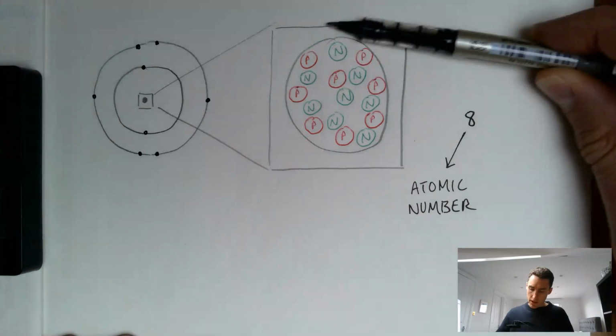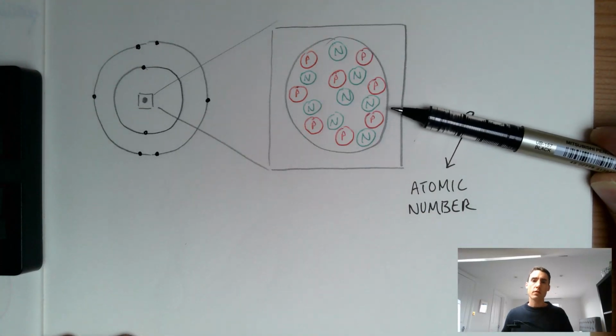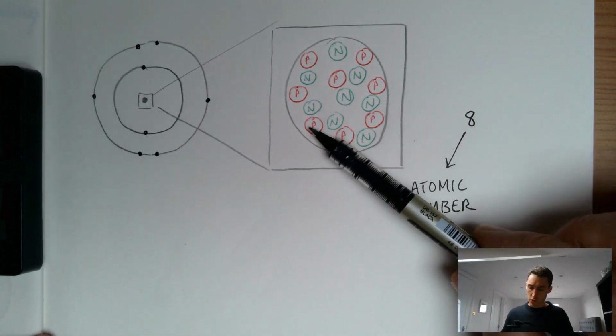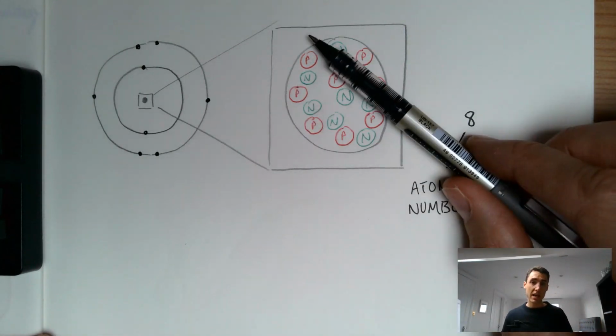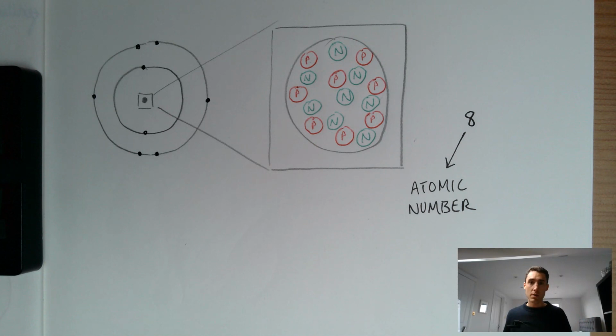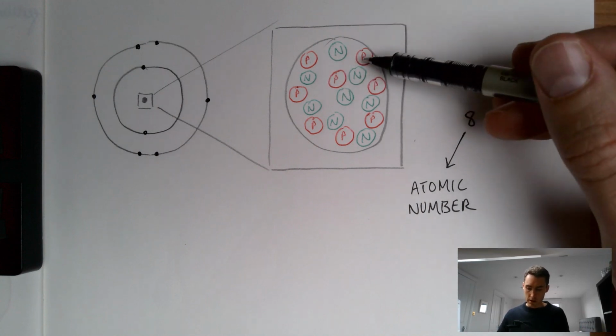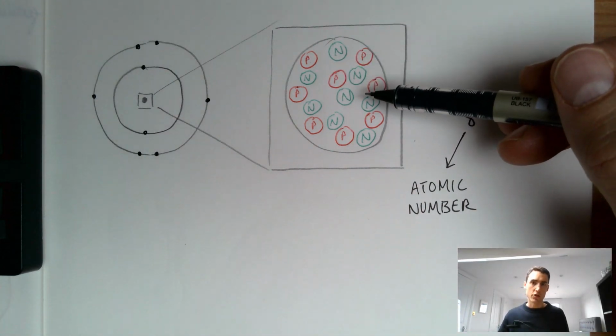And then what I'm going to do is say, well, each of these has a mass of 1. We know that the mass of the electrons is almost nothing. So really, the mass of the atom is all in here. And to find the mass of the atom, I just need to count how many I've got in total. Now, I'm not going to count them all here. I'm just going to say, well, I said I had 8 protons, I said I had 8 neutrons.